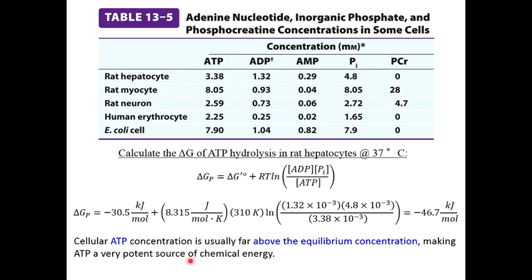So cellular ATP concentrations are usually far above equilibrium concentrations, making ATP a very potent source of chemical energy.